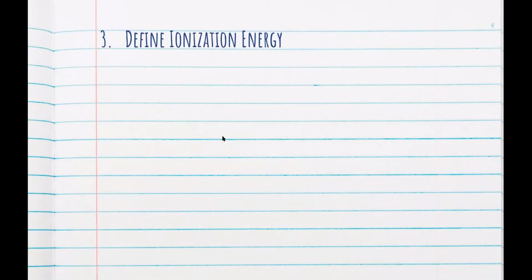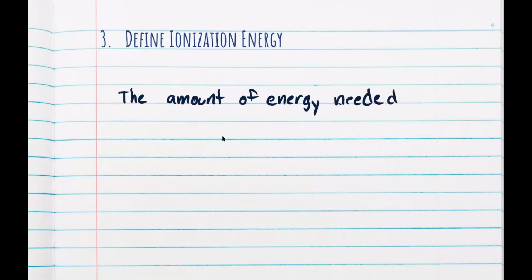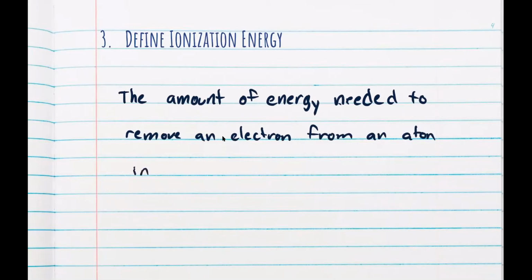Ionization energy is the amount of energy needed to remove an electron from an atom in its gaseous state.